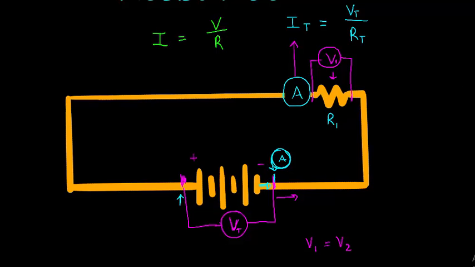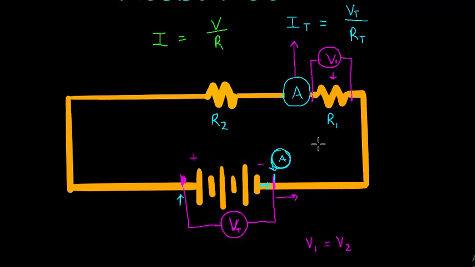Now let's look at what is going to happen if we add another resistor in here. So we'll add another resistor. Here it goes. And this one will now be called R2, resistor 2.